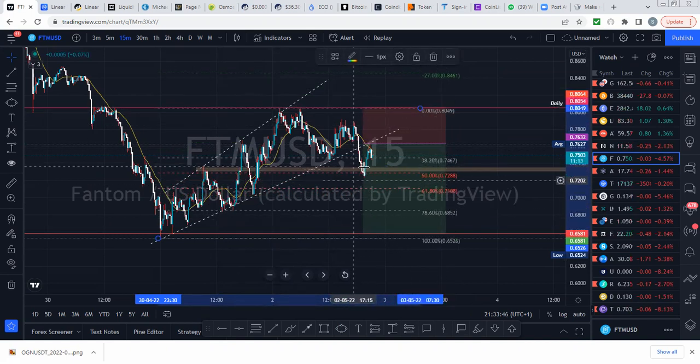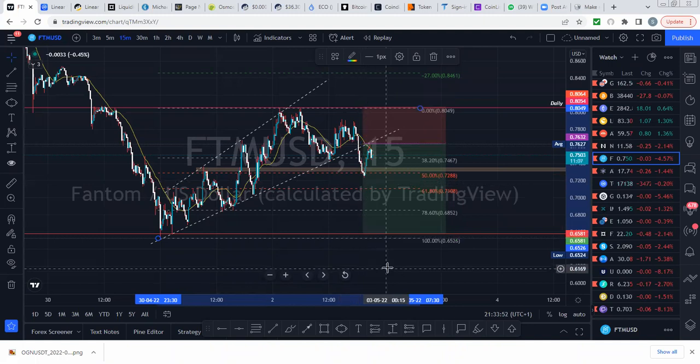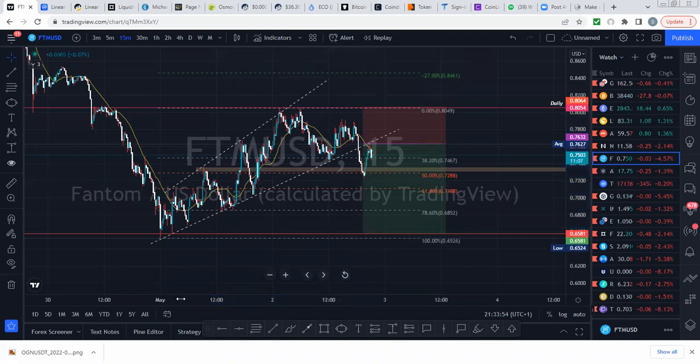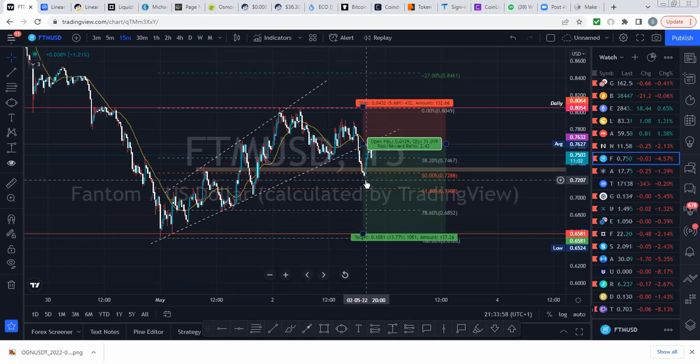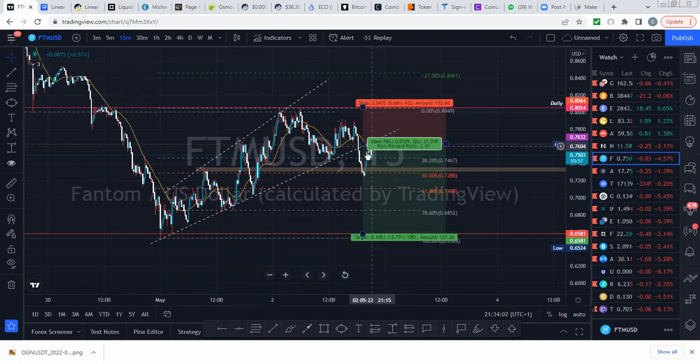You can see that price pulled back from here for 50%. Are you following? There was a pullback from here to here, but mind you that this is a channel. Price broke from it, so it's looking for a retest.